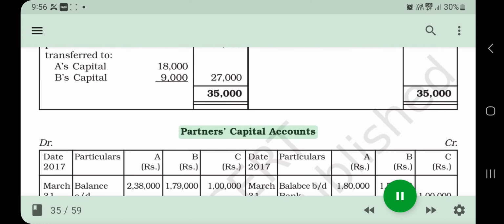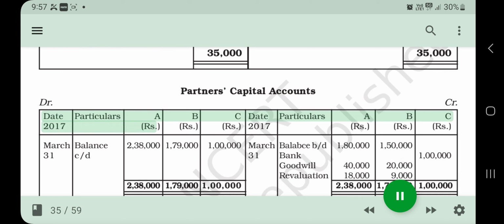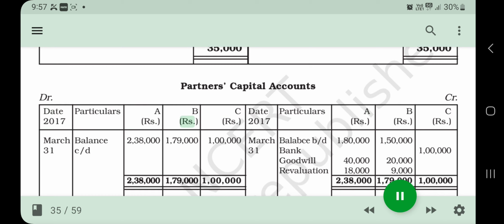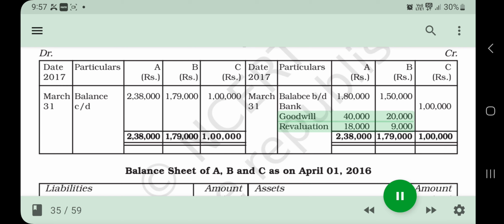Total 35,000. Partners' capital accounts. Dr. Cr. Date, particulars, A, B, C. March 31: balance b/d 180,000, 150,000; March 31: bank 100,000; goodwill 40,000, 20,000; revaluation 18,000, 9,000.